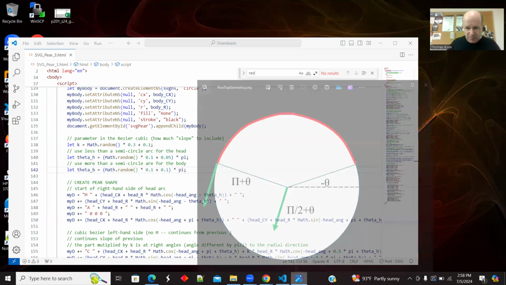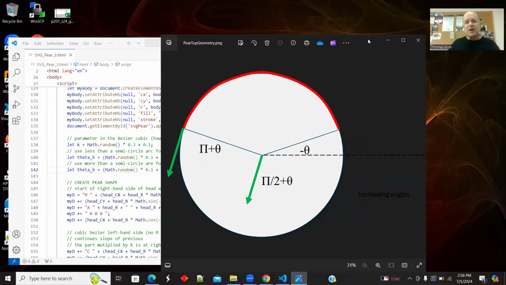Let me show you in this picture. Okay. So I have some angle, and I am going to start over here on the right and go over to the left. And this is the roll.